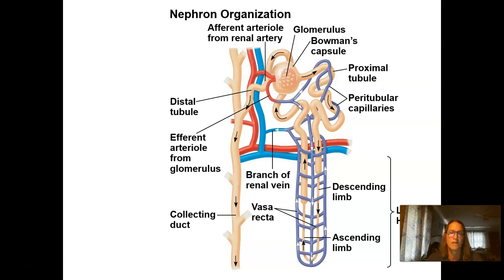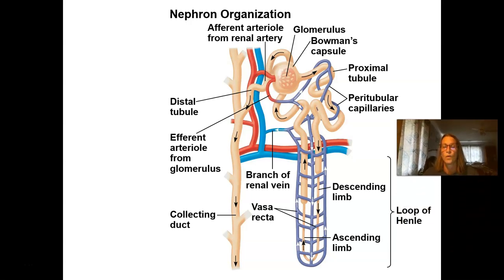And then from the renal pelvis, it will go to the ureter, the bladder, and out the urethra. We're going to talk about this in a second, but I just wanted to show you this loop. It's called the loop of Henle, and there's a descending limb and an ascending limb, and different things happen in both of those two structures.